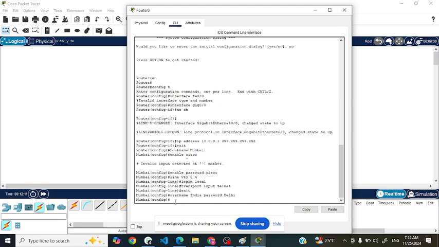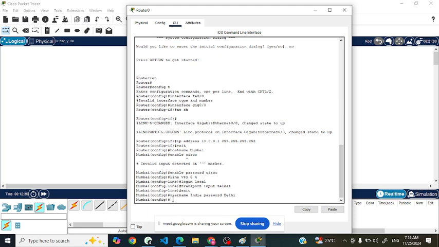So now I am going to configure SSH. So what are the commands I should use to configure SSH? We need to go to line VTY and we need to configure transport input SSH.